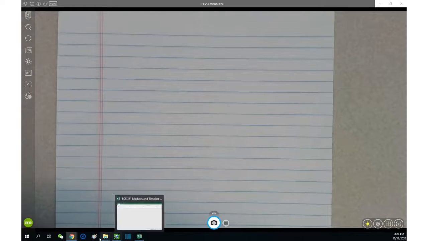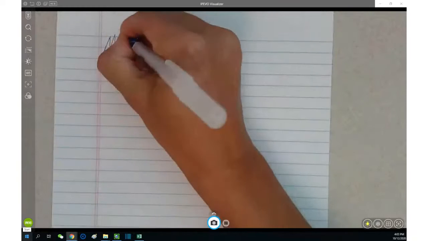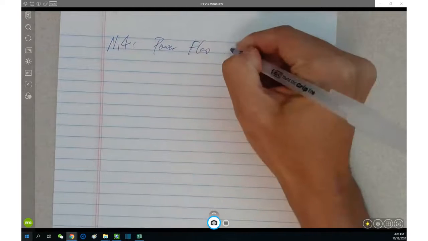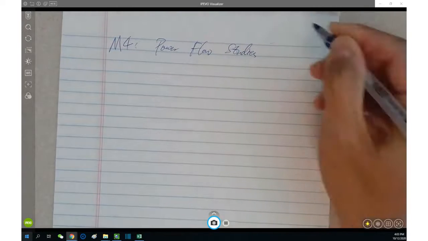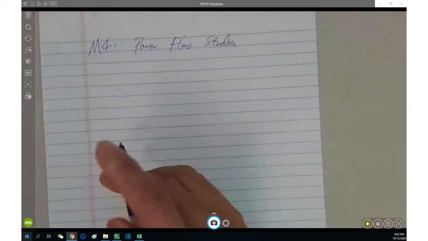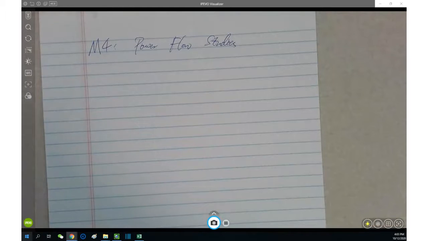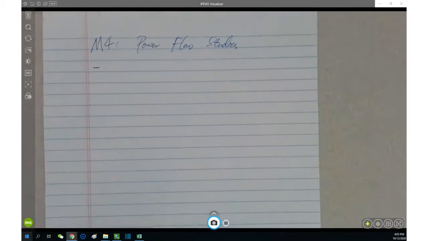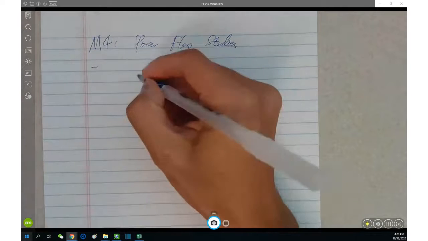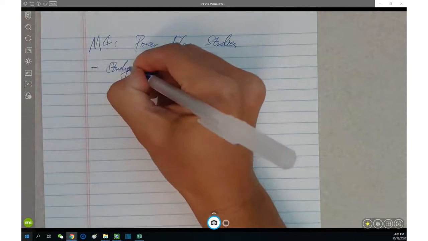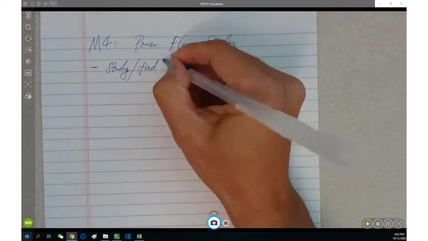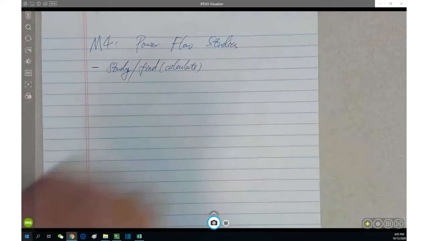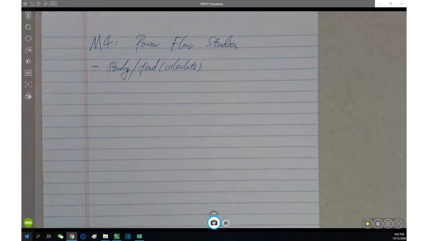Module 4, power flow study. What is this module about? It is simply about the study, or trying to find, basically. Find means what? Just calculate. So this module is all about calculation.